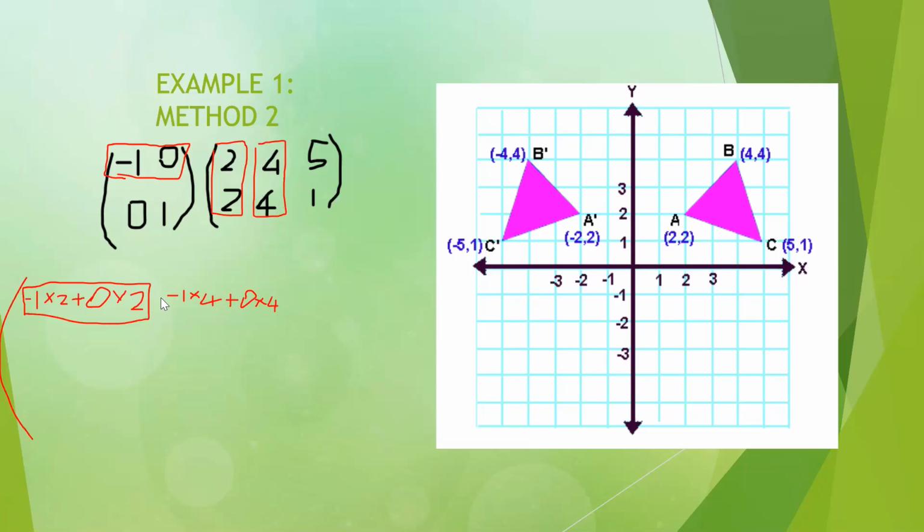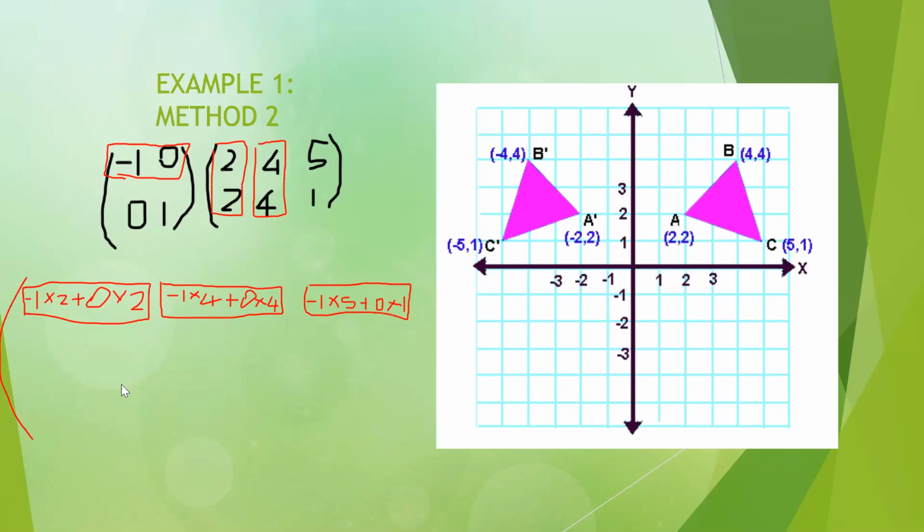I'm going to box it too, just to make sure they don't mix up the numbers here. And then the last one, the same -1 row by column by 5 plus 0 by 1. Okay, and that's here.